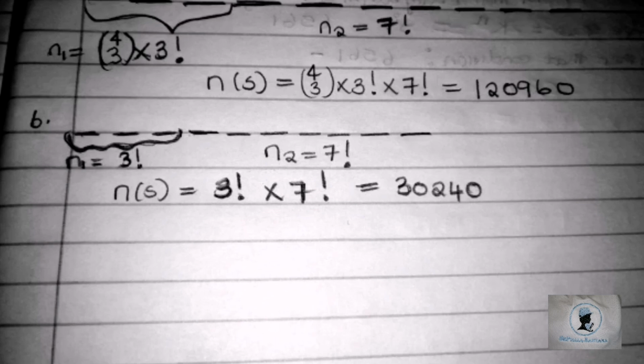We know that we have 3 refrigerators that have less serious problems, so we are going to start with them and say 3 factorial. Then we will say 7 factorial for the remaining refrigerators, right?